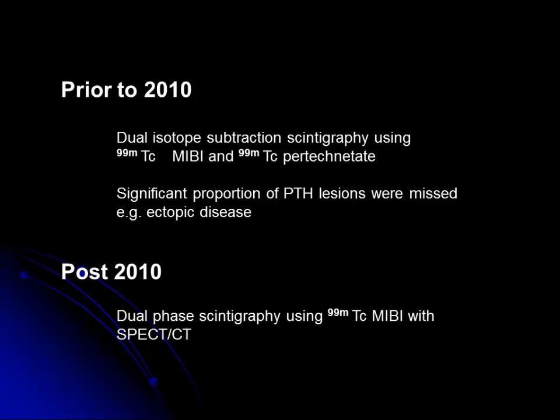Dual isotope subtraction, prior to 2000, was routinely used with MIBI and technetium. A significant proportion of parathyroid lesions were missed because they were either ectopic or too small to be characterized. Post 2010, dual phase scintigraphy using technetium MIBI with SPECT CT is being used.